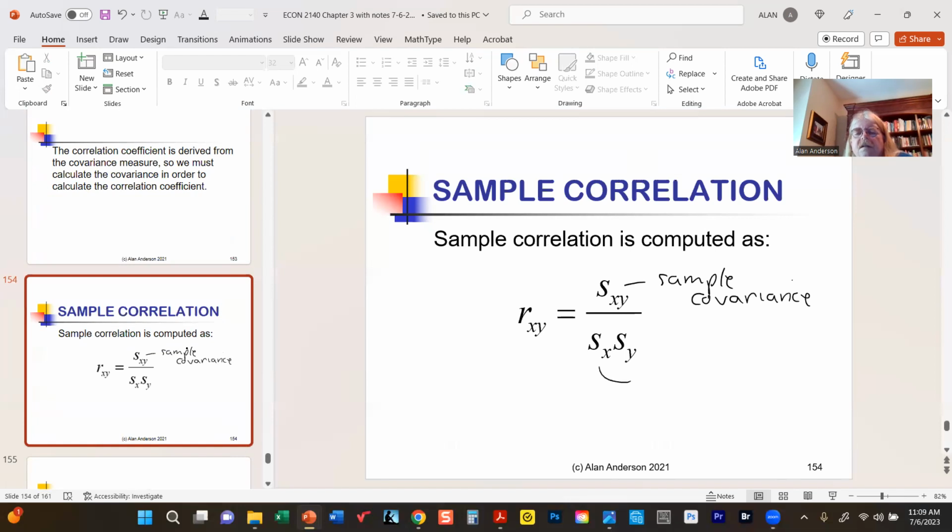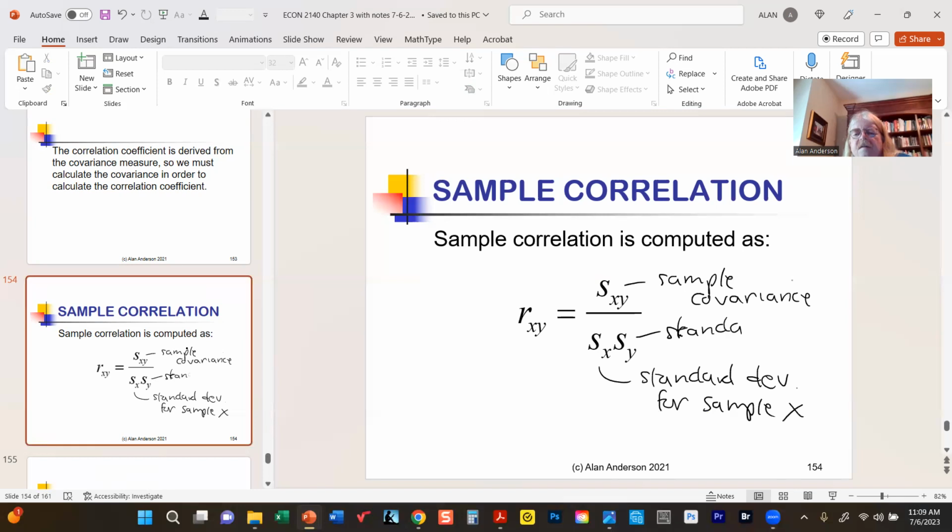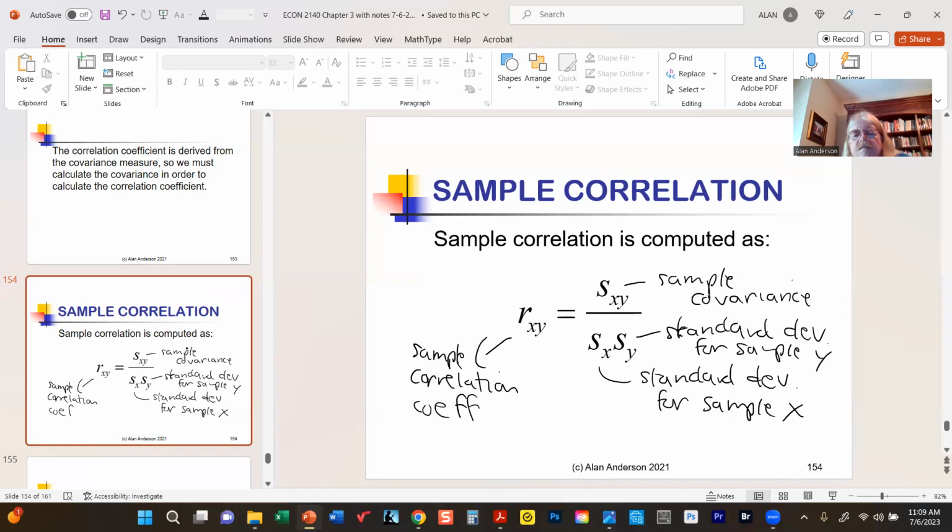This is the standard deviation for sample X. And that, of course, means this is the standard deviation for sample Y. And this is the new term. This is the correlation coefficient.